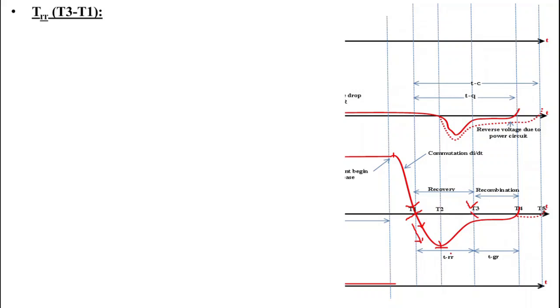After T2, carrier density across junctions J1 and J3 begins to decrease, which leads to a decrease in reverse recovery current. Now this decreasing reverse recovery current causes a reverse voltage, which is very dangerous. It may destroy the SCR.